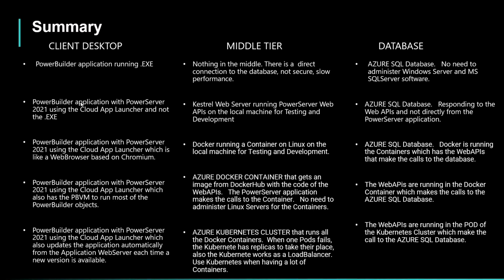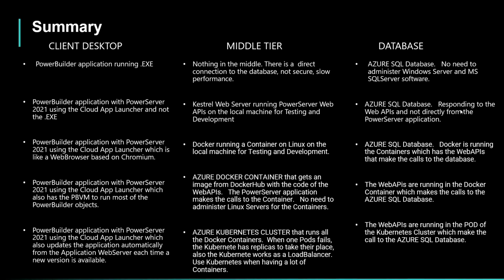Okay, in our second example, we had the PowerBuilder application, but now we use PowerServer 2021 that uses the Cloud App Launcher and not the executable. With that, PowerBuilder generates web APIs, and for testing and development, it basically uses the Kestrel web server that runs the PowerServer web APIs on the local machine, and they connect to the Azure SQL database.